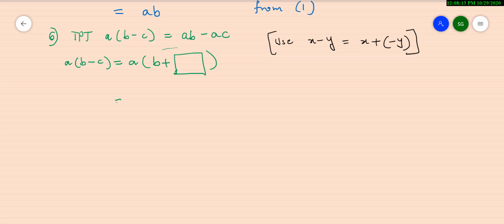AB plus, again I'm using the box here. And the rule which is used over here is multiplication is distributive over addition.